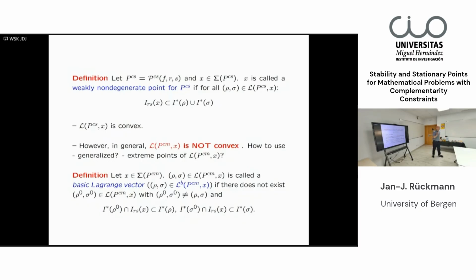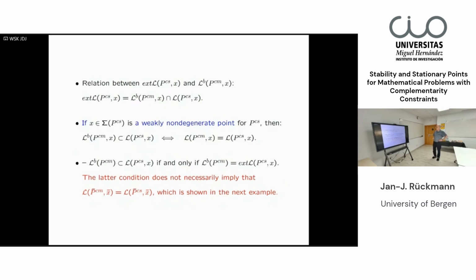And so this is some kind of generalization of an extremal point set, but it's different, and it can be done for any set, it need not be convex. So there's a point here.